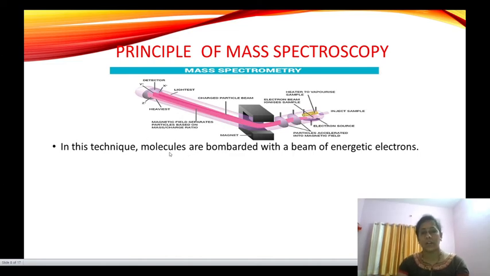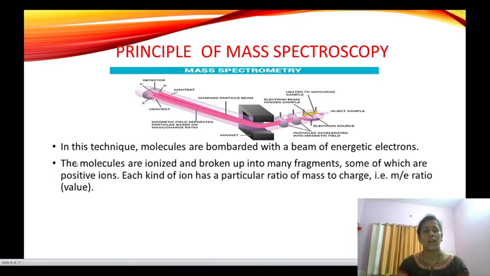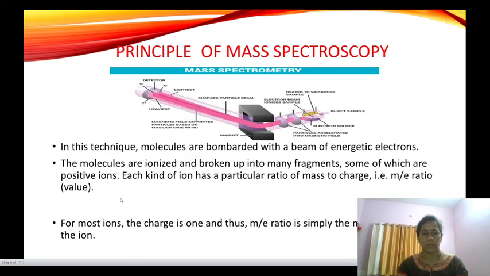In this technique, the molecules are bombarded with a beam of energetic electrons with energy of 70 electron volts. The molecules are ionized and broken up into many fragments by bombardment of high energy electrons, some of which are positive ions. Now, each kind of ion has a particular ratio of mass to charge, that is the m/e ratio value.